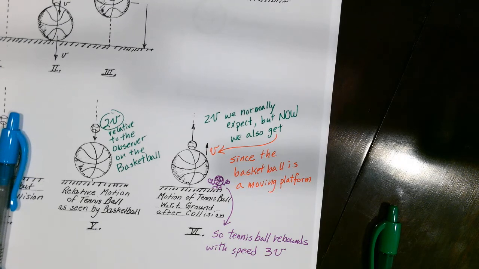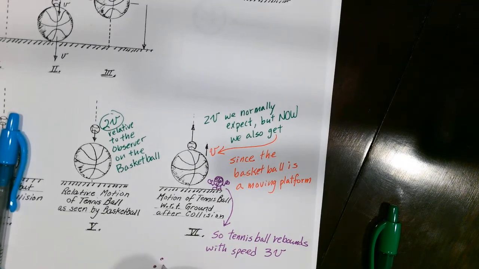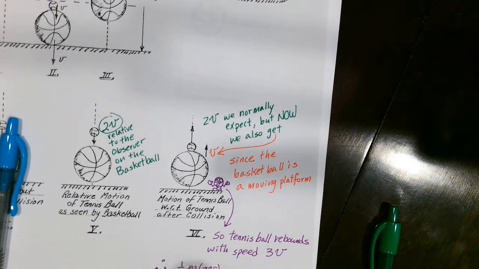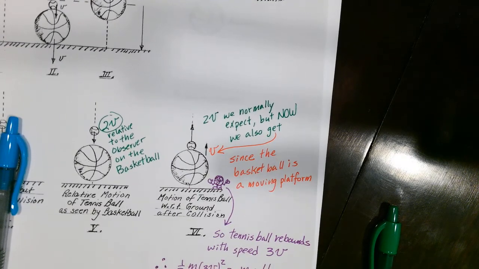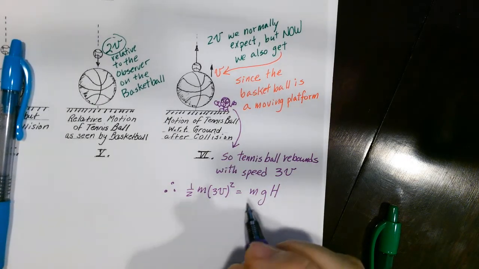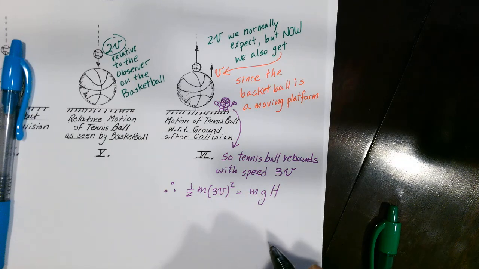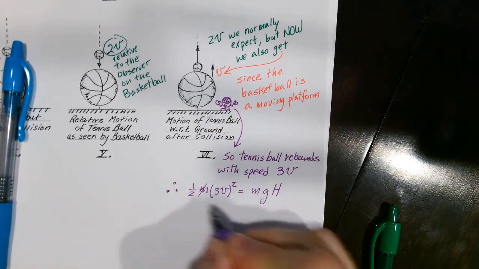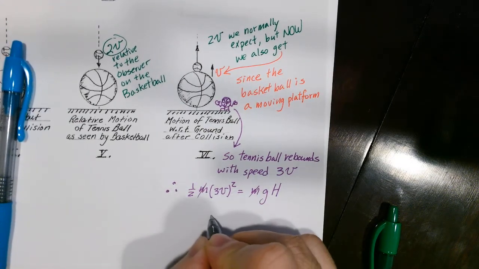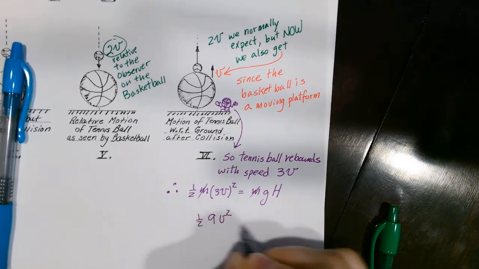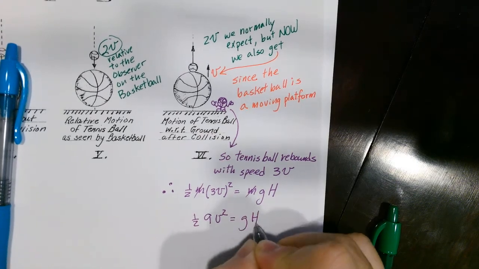So therefore, 1/2 m times (3v) squared is equal to mgh, kinetic energy, potential energy, remember? The masses cancel out, so we would get 9v squared, 1/2 times 9v squared is equal to gh.